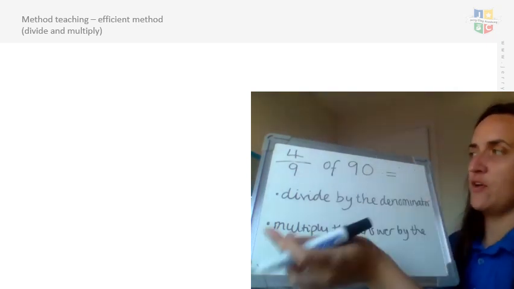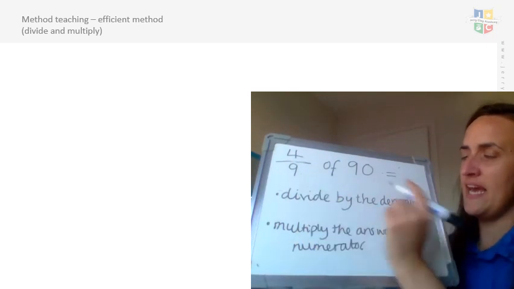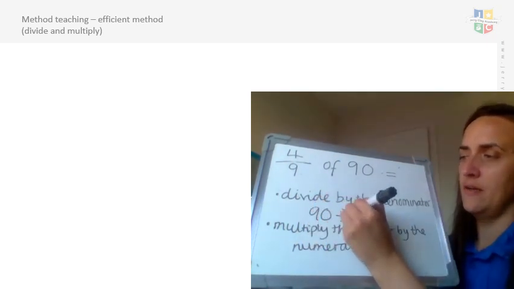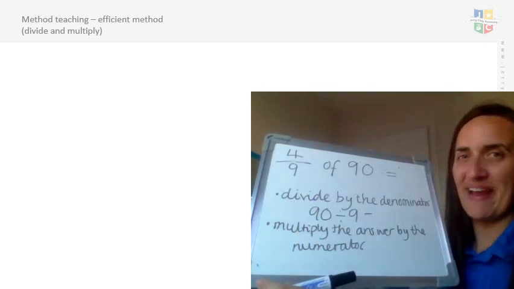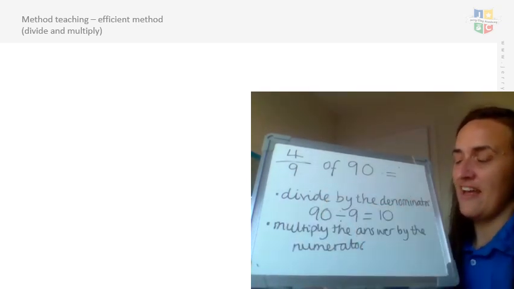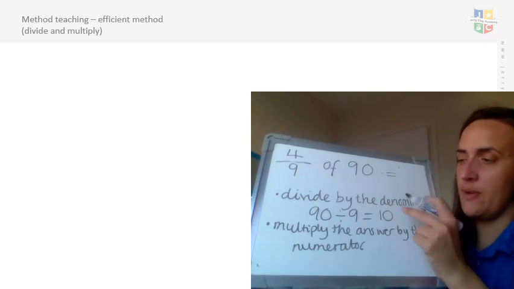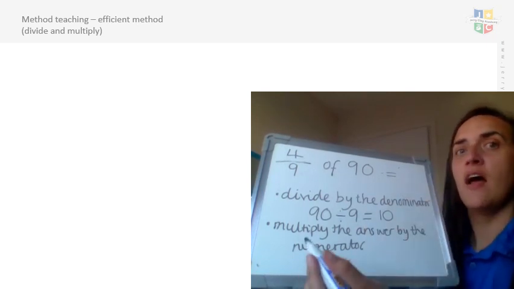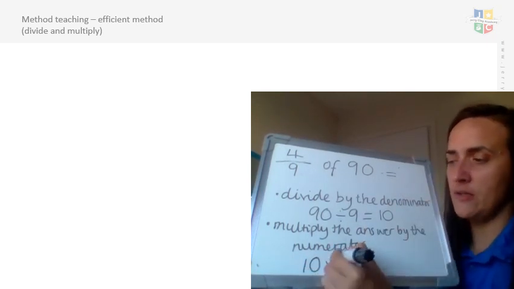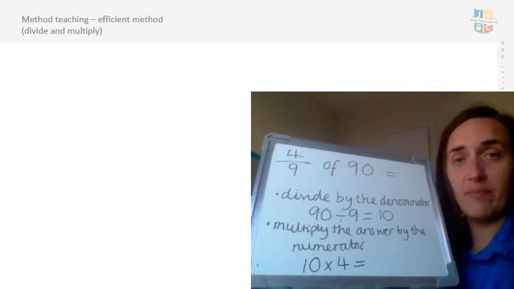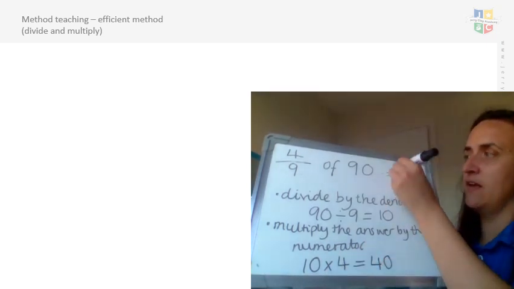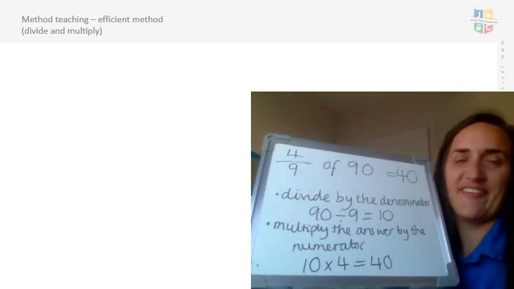We would need to first of all do 90 divided by the denominator. 90 divided by 9, which is 10. And then that's 1/9. I want 4 of those, so I then need to do, fantastic, 10 multiplied by 4. And that will give me my answer. That's 40, and the answer is 40.